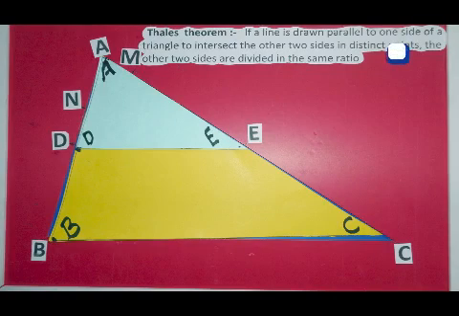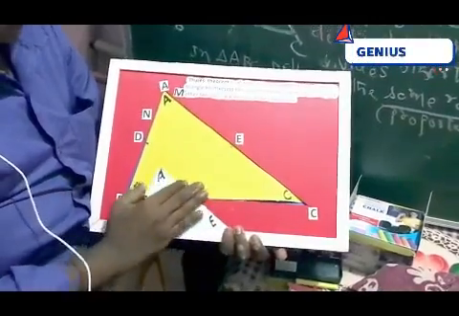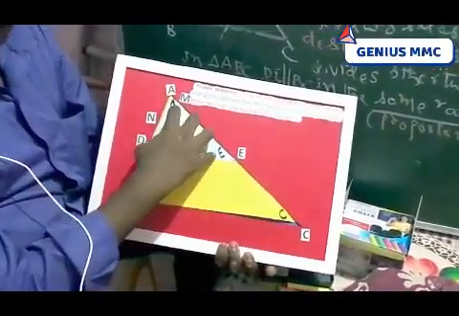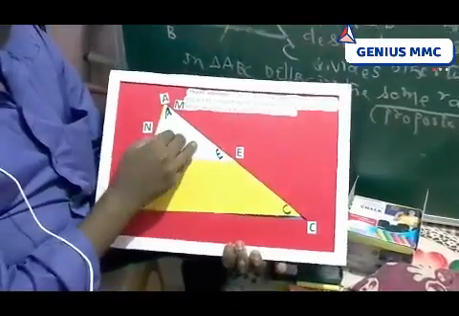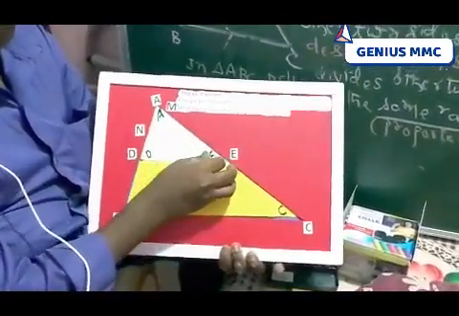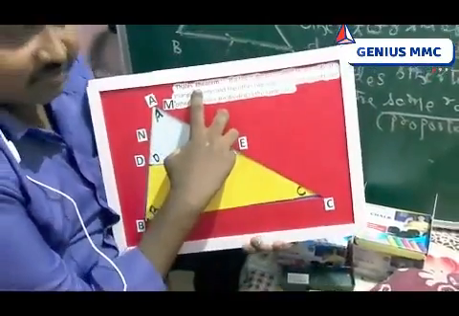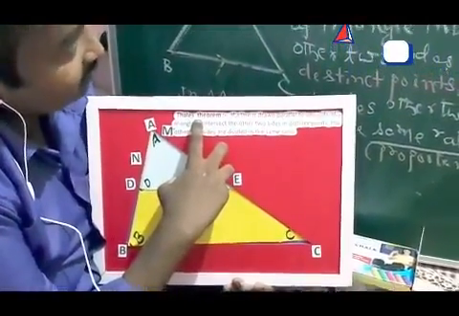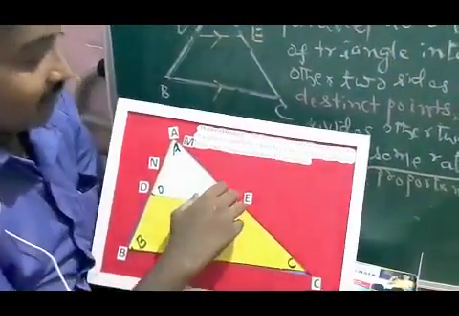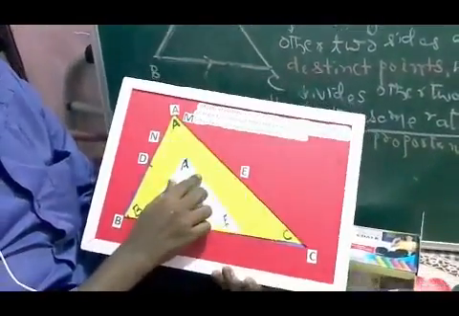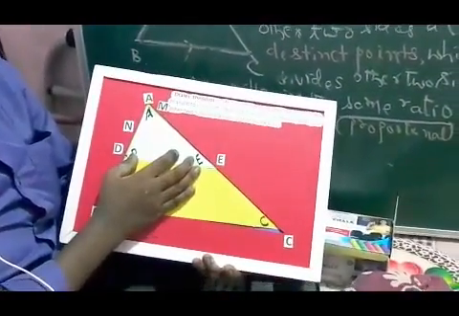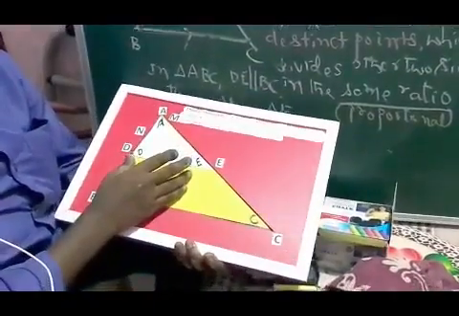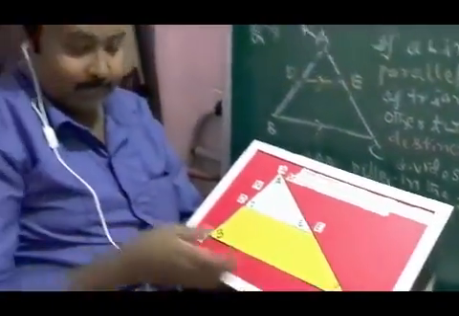After drawing the parallel, observe the two sides AD by DB, what we discussed, and AE by EC. So this is called Thales theorem, basic proportionality theorem, or BPT. If a line is drawn parallel to one side of a triangle to intersect the other two sides in distinct points, then the other two sides are divided in the same ratio or proportion.